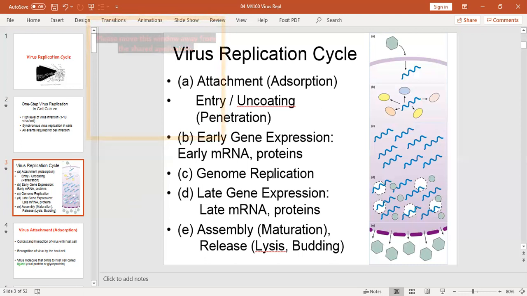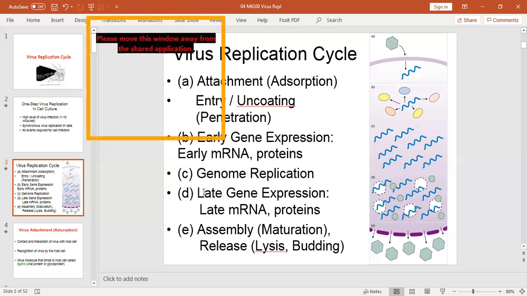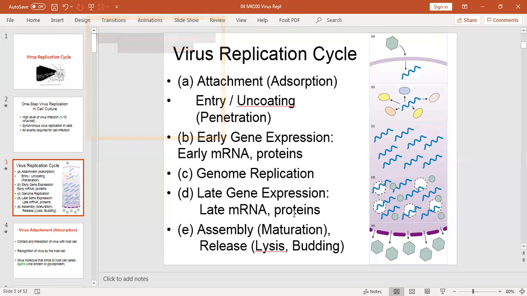Genome replication is when the genome of the virus makes more of itself, and this step is followed by late gene expression due to the production of late messenger RNA and translation of these late messenger RNAs, and usually they make structural proteins that are involved in the formation of the protein shell or capsid of the virus.